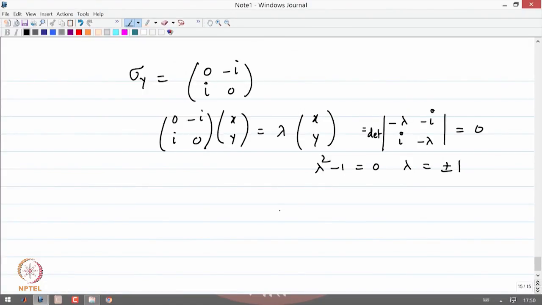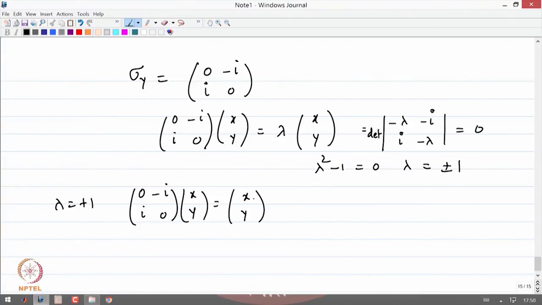Okay. Now let us find the first eigenvector: the matrix times (x, y) is equal to (x, y), lambda is equal to plus 1. Then you can see right away that the first line is minus I times y is equal to x. What is the second line?